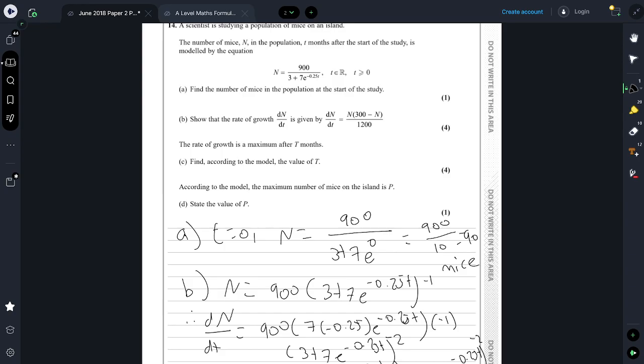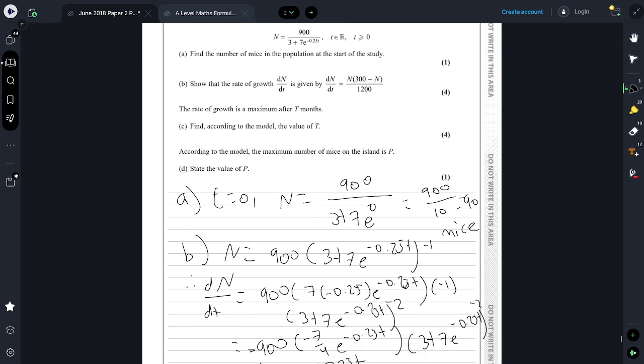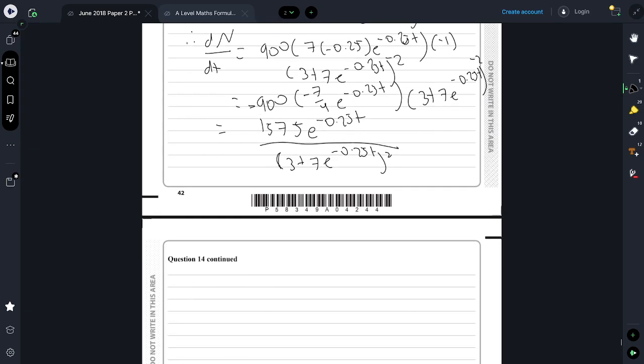N is this, so any exponential has to be, well, yes, it has to be on the top.